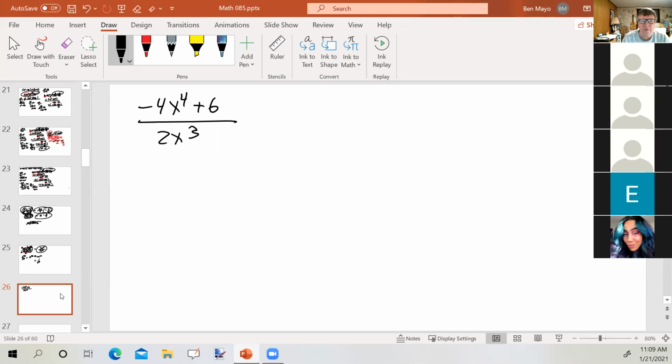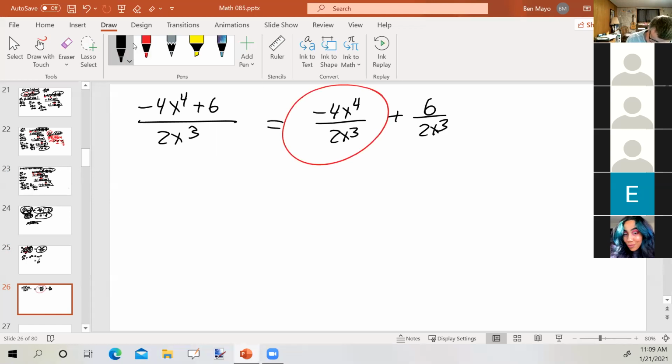Okay. So we have a polynomial divided by a monomial. So we're going to take each term in the numerator and divide it by the denominator. Now, this first term, negative 4 divided by 2 is negative 2 over 1. f to the 4th over f to the 3rd would be f to the 1 power.